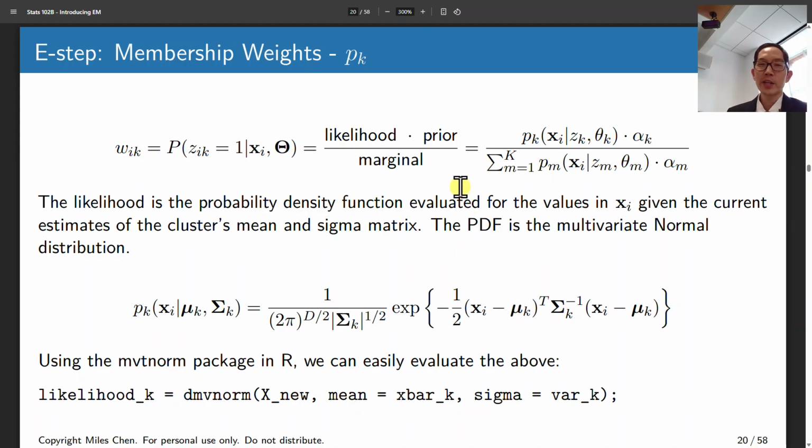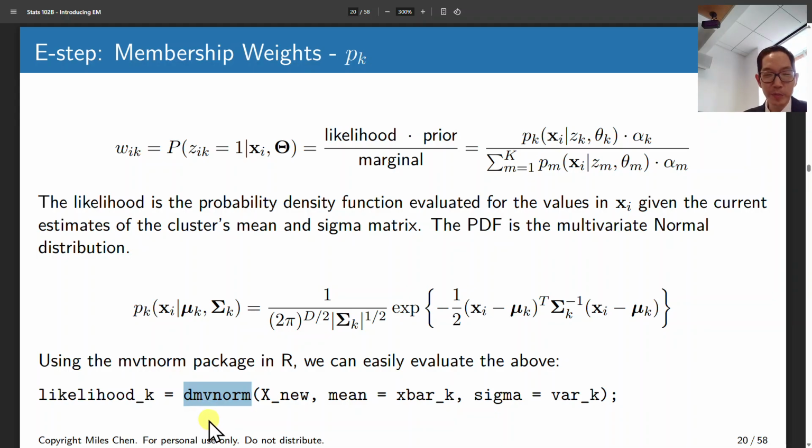And then as far as the likelihood here, that's just going to be the multivariate normal PDF. We're going to say, what is the probability of getting X if you have this mean and this sigma variance matrix? And this is the PDF for the multivariate normal. Thankfully, we can just use R to give us the density of the multivariate norm.